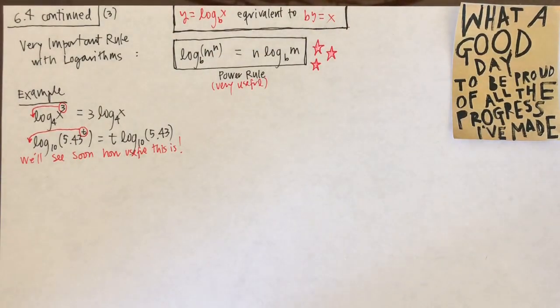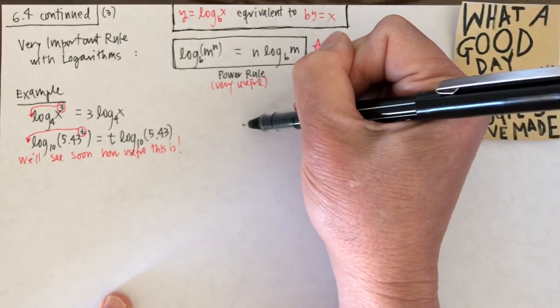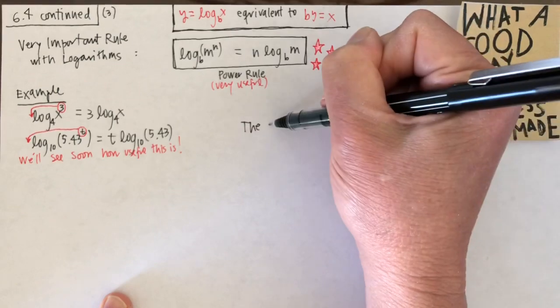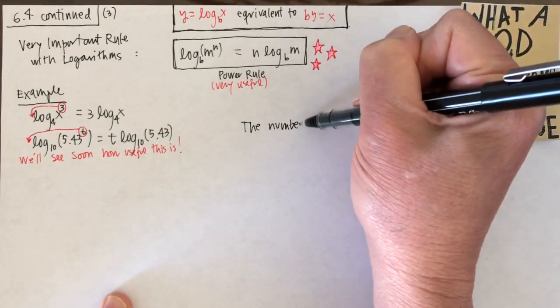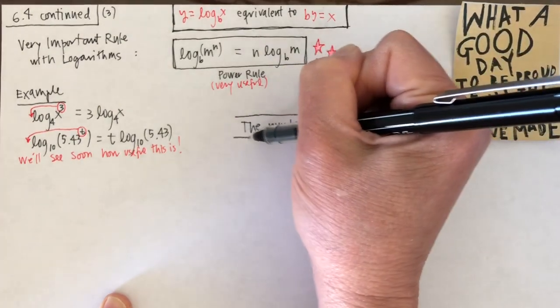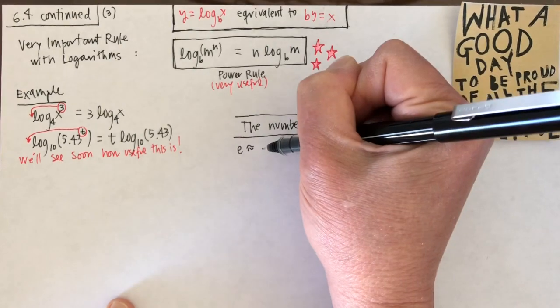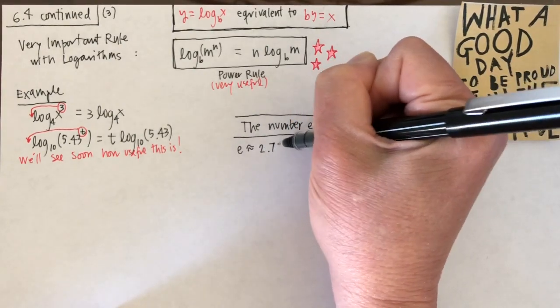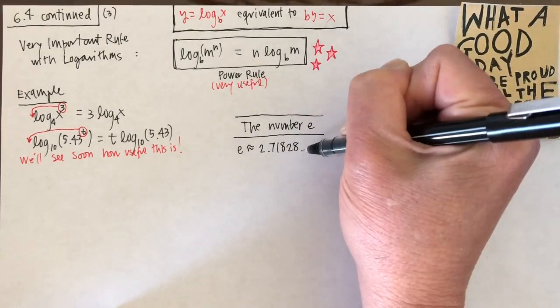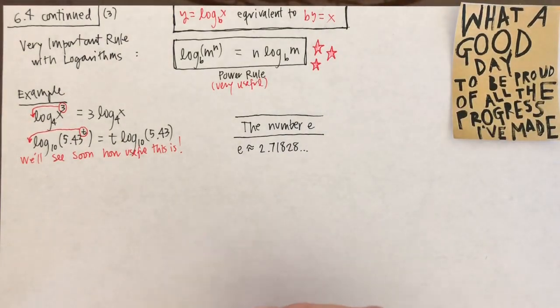Before we dive into using this, we do need to talk about the number e. The number e is an irrational number and goes on forever, but here's a decimal approximation of the beginning of it.